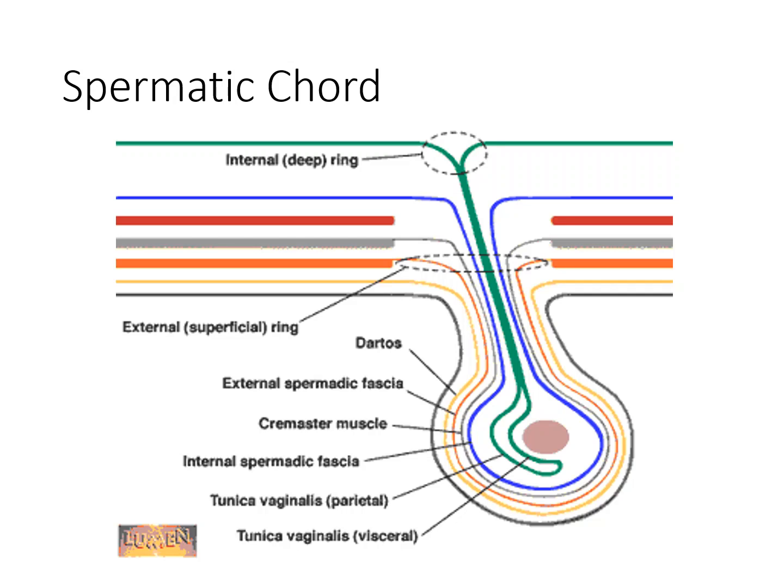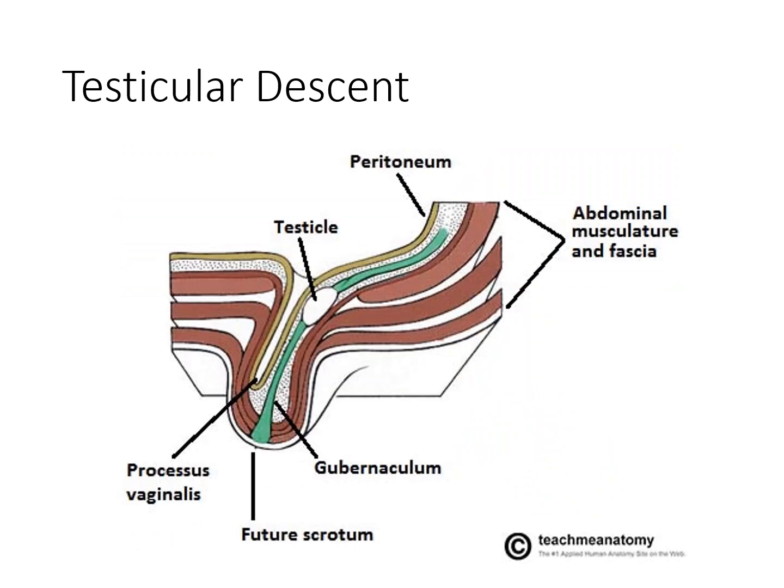If you look at the colors, beginning from outside going in, external oblique is orange, gray would be the internal oblique, and that burnt orange or reddish color would be the transverse abdominis. But you can see the structures which eventually become incorporated into this spermatic cord.